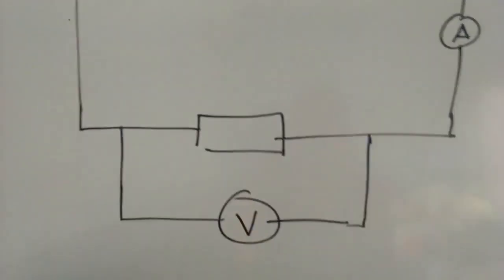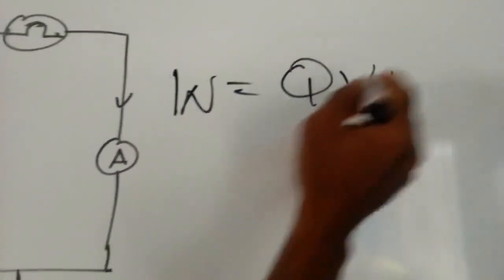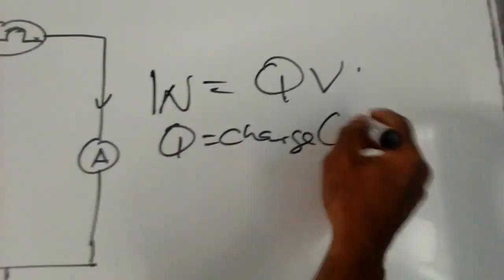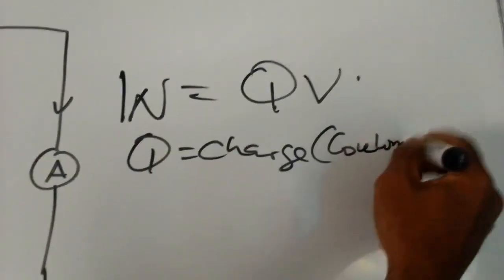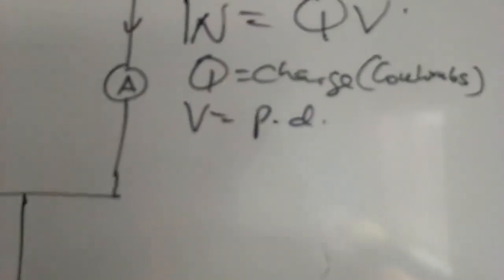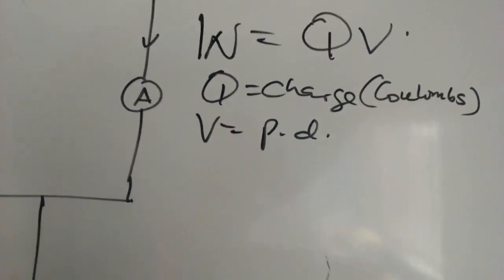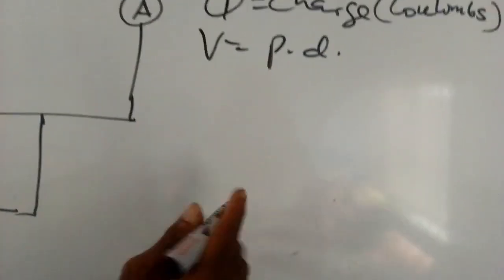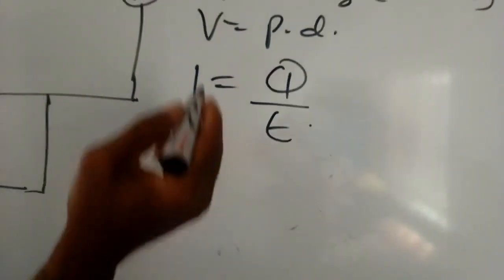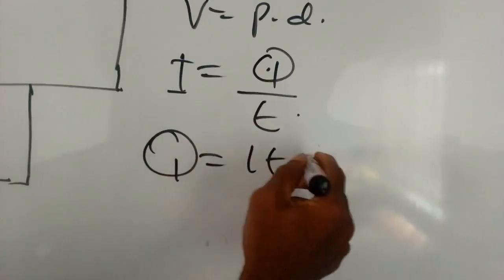And the work done in a circuit, you know the formula: W = QV, where Q is charge measured in coulombs and V stands for potential difference measured in volts. From physics, current I is Q over time, so making Q the subject, charge becomes current times time.